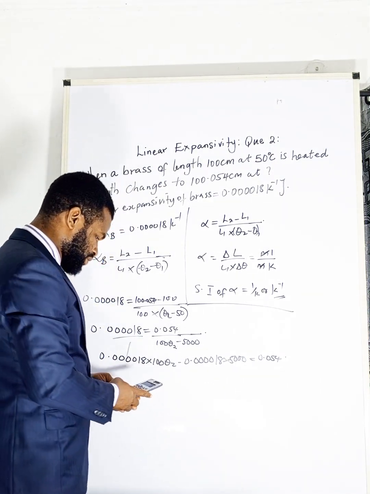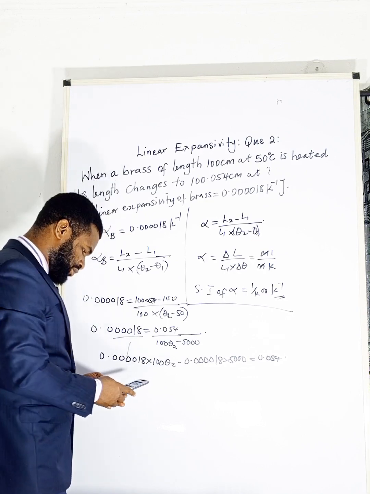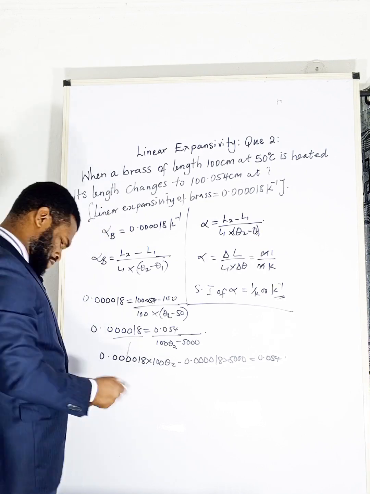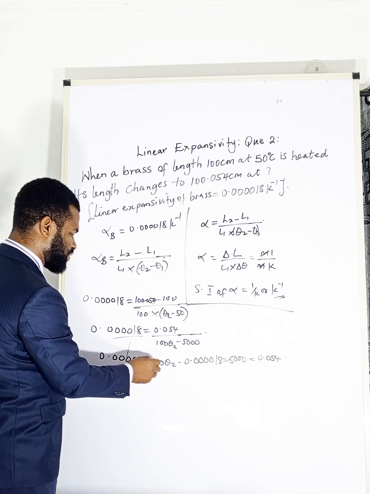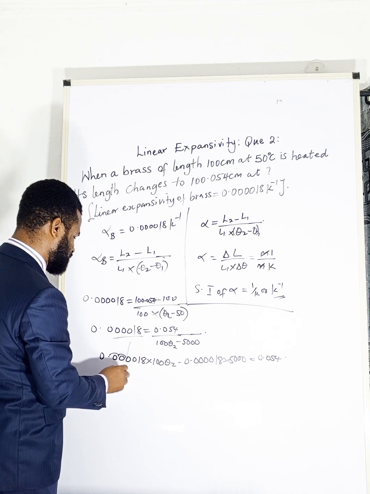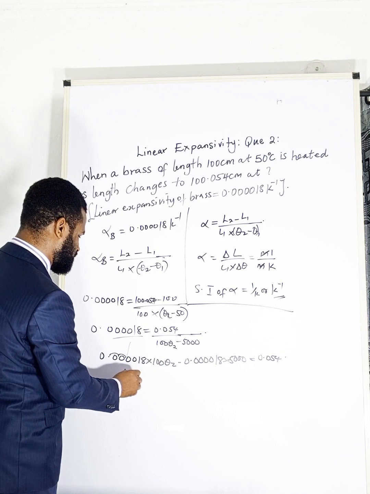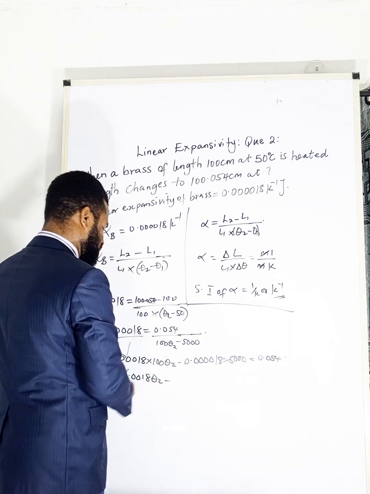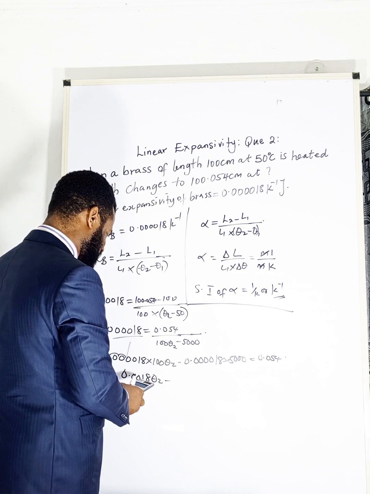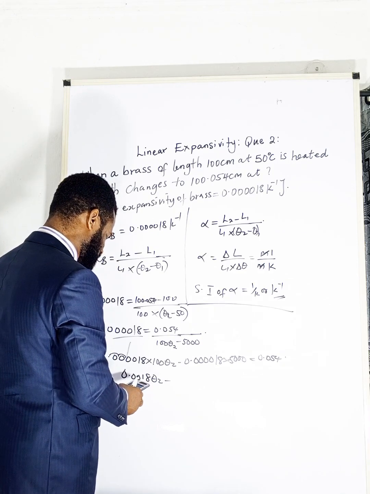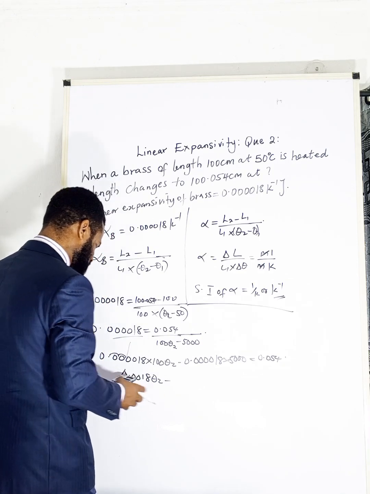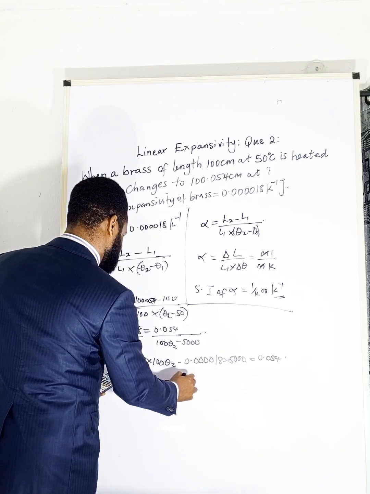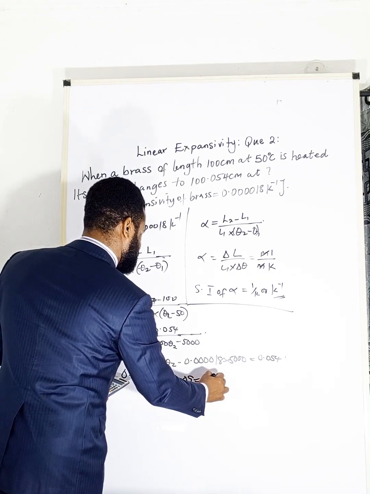So this is 0.0018 theta 2 minus, and this times 5,000 is going to be 0.09, is equal to 0.054.